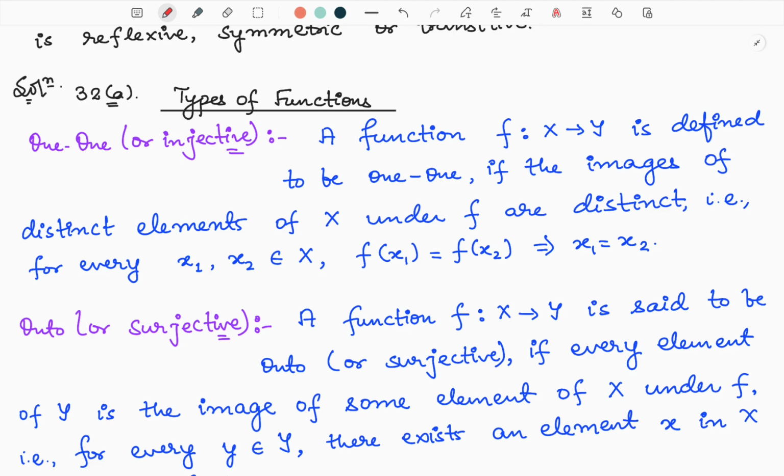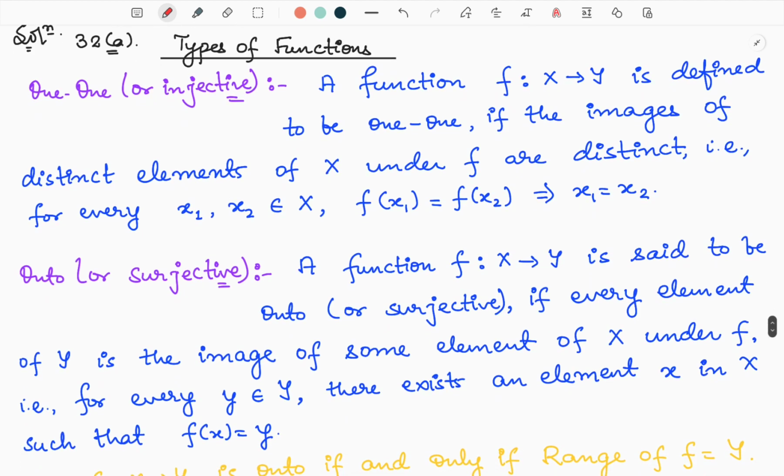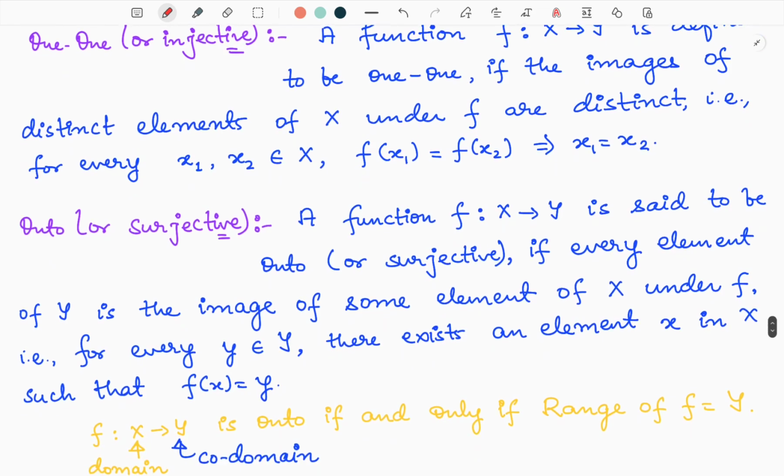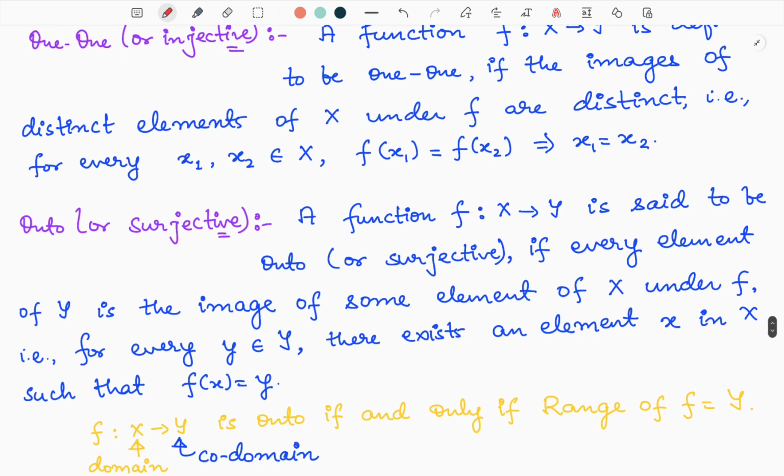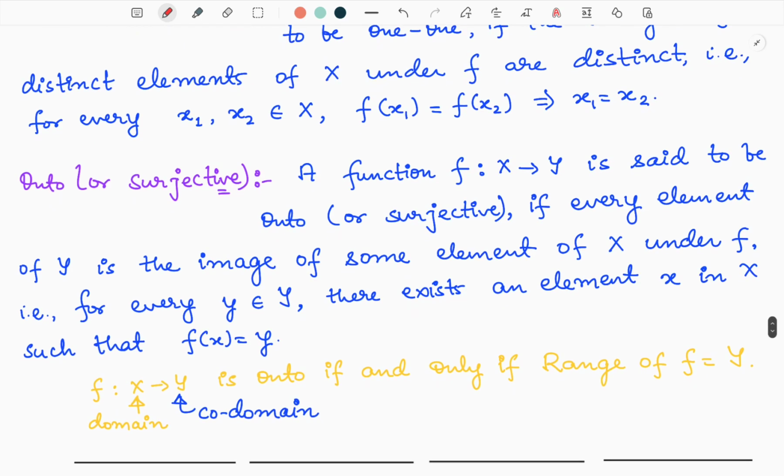A one-one function is also known as an injective function, and an onto or surjective function is, in simple words, a function where the range of function f becomes equal to the codomain of the function, that is y.